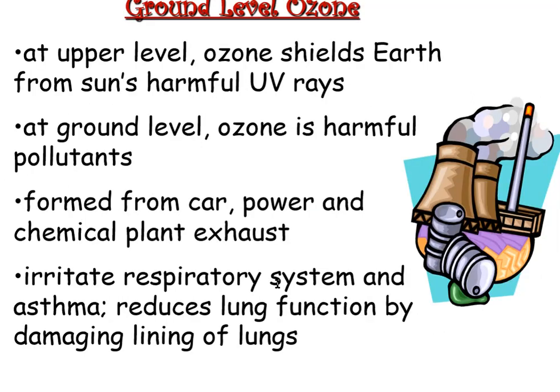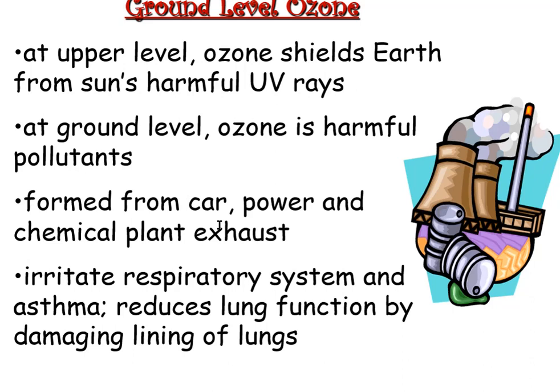Ground-level ozone, if you remember, we talked about that, is sometimes called smog. When we talk about ozone, there is an ozone layer around our earth, our biosphere, at a high level, called the upper-level ozone, which is helpful for us. It protects us from UV radiation.